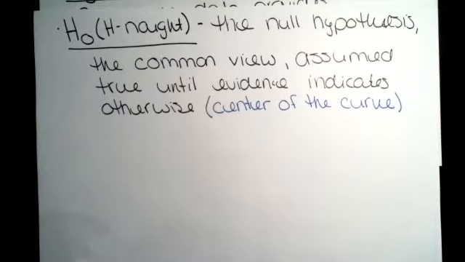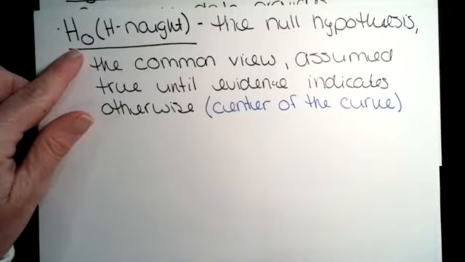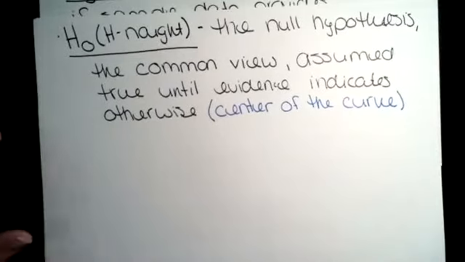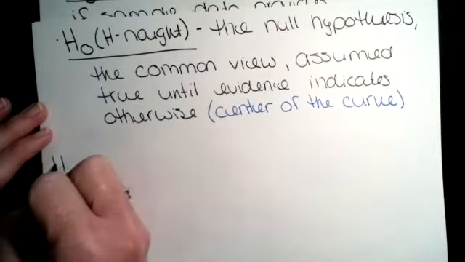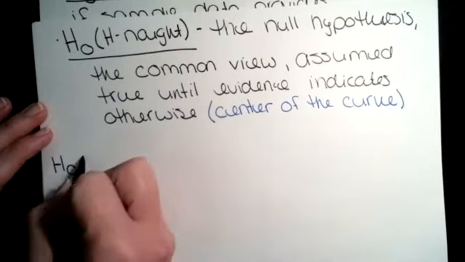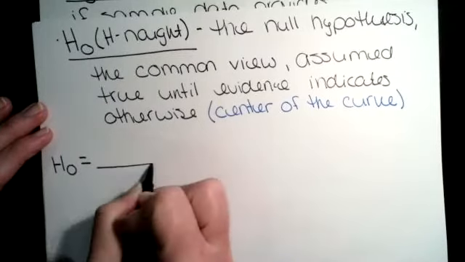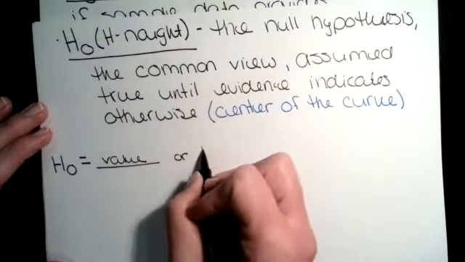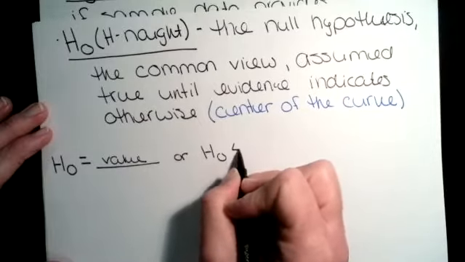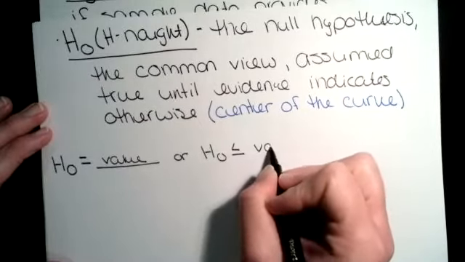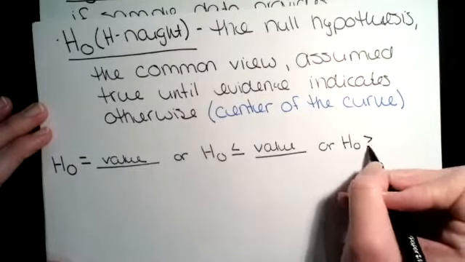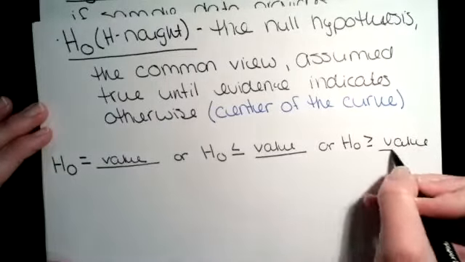I want to show you a couple ways that we can view the null hypothesis, how we're going to write it. Now, these are 3 different ways. You don't write it the same way all the time. It depends on the problem. So one way could be that we have the null is equal to some value, or the null can be less than or equal to some value, or the null can be greater than or equal to some value.